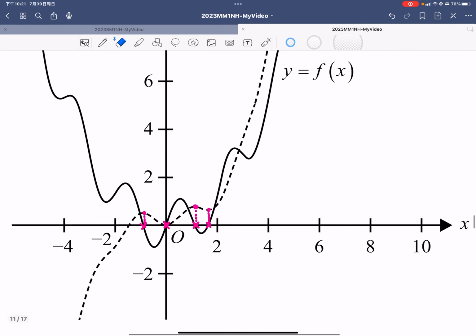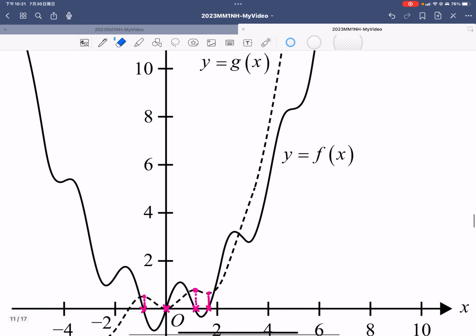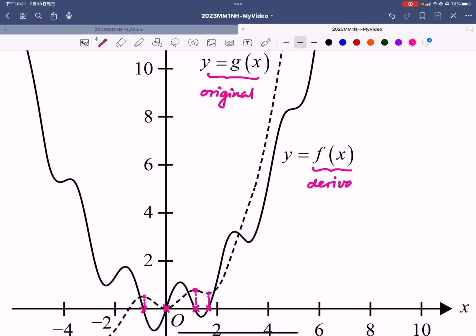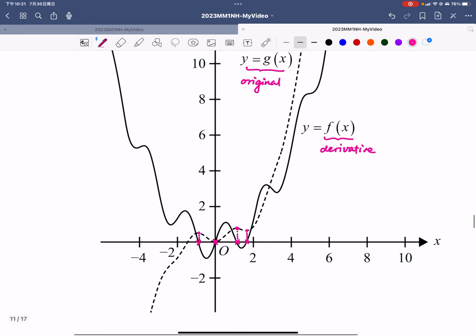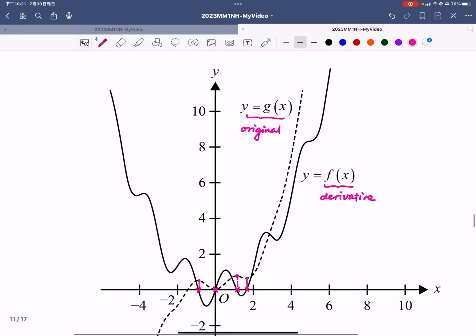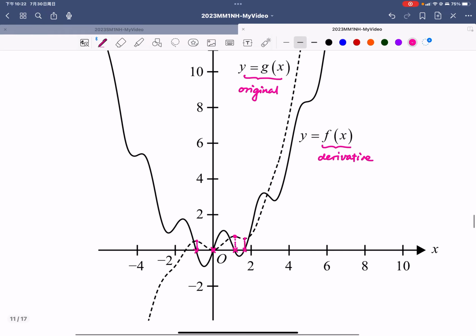Okay, so if I treat my g of x as original function, then this f of x should be the derivative. Because whenever the function of f is above the x-axis, the corresponding part along the graph g will be increasing. Otherwise, it will be decreasing, okay?